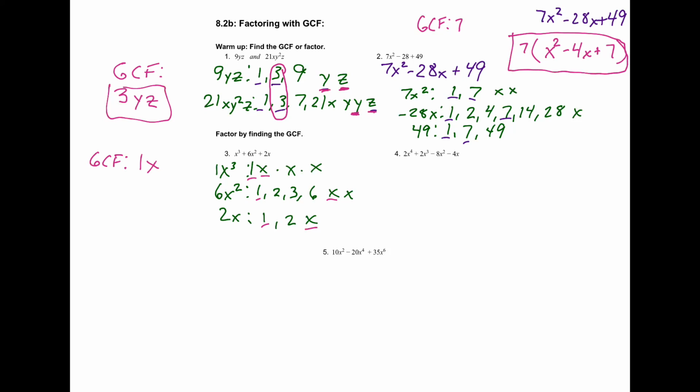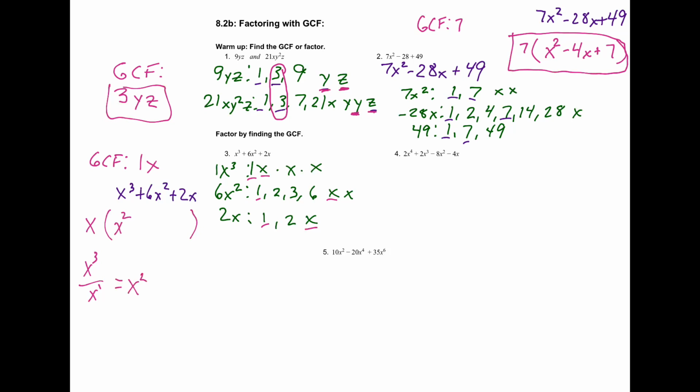So when we factor this time we have x cubed plus 6x squared plus 2x, and our GCF is going to be x, so we're going to take out an x from each thing. So x cubed divided by x to the first, remember there we subtract exponents, so we get x squared there.